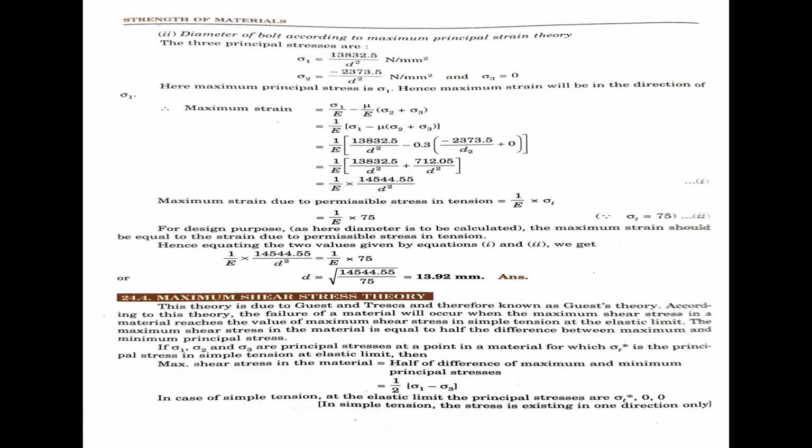The maximum strain due to permissible stress in tension is 1 by E into sigma t, that equals 1 by E into 75.